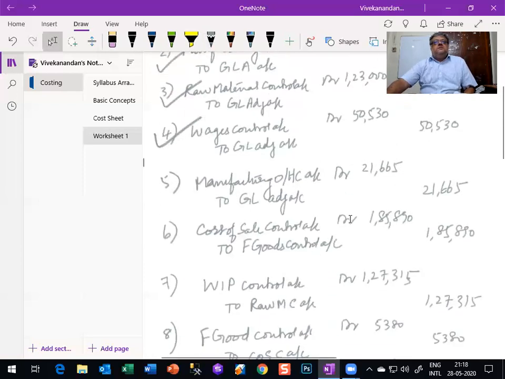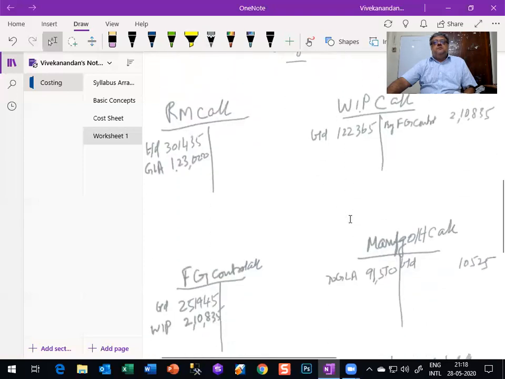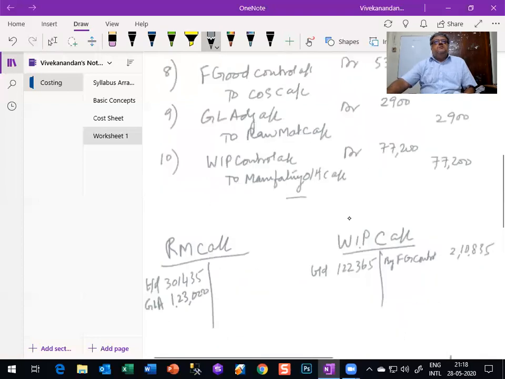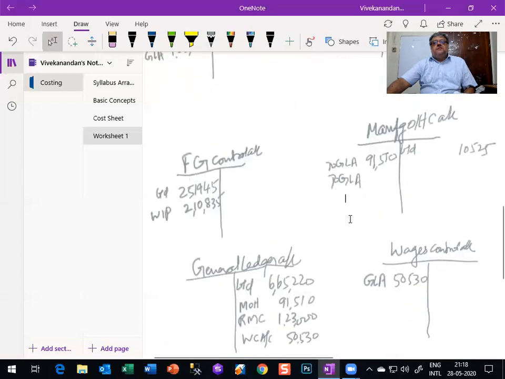Now the next journal is manufacturing overheads to general ledger control account. Manufacturing overheads to general ledger adjustment account. How much? 21,665.